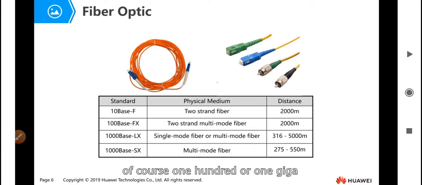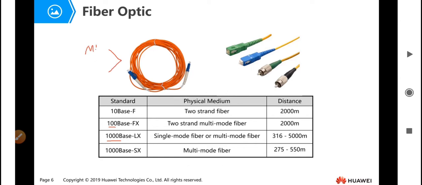We can support, of course, 100 Mbps or 1 Gbps, and nowadays there are 10 Gbps, 40 Gbps, and 100 Gbps. These speeds can all be supported by optical fibers. In optical fiber, there are 2 types. One type is multi-mode, and another type is single-mode.